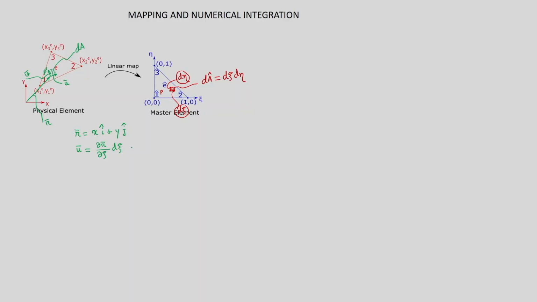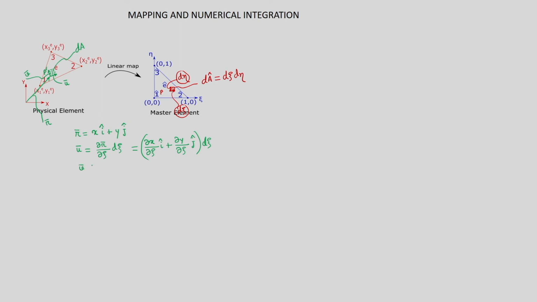Now, del r del xi, if I expand, I write del x del xi i plus del y del xi j, into d xi, because r is xi plus yj.